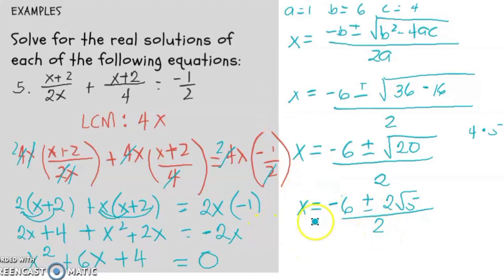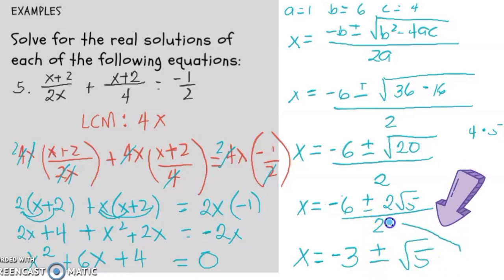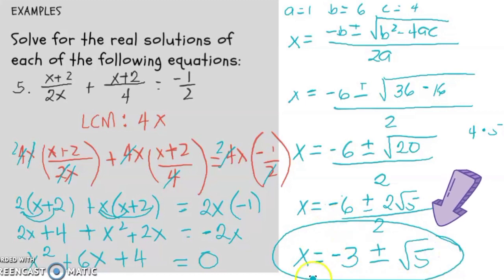Okay, so if we are going to rewrite this, we have x is equal to negative 6 divided by 2 is negative 3 plus or minus 2 divided by 2. So the final answer is ito. Ito yung ating solution. X is equal to negative 3 plus square root of 5 or x is equal to negative 3 minus square root of 5.